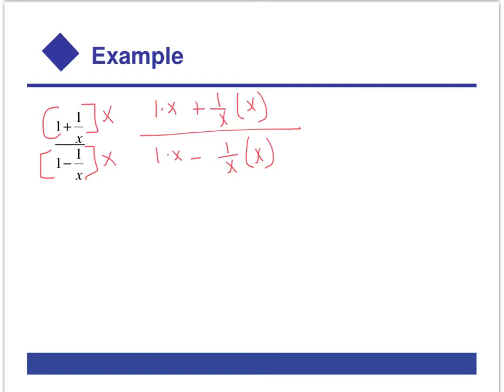So I wind up with, okay, the X here and here cancels, so it gives us a plus 1. So now I have X plus 1 in the numerator. This X and this X cancel, so now I have X minus 1 in the denominator. And we're done.